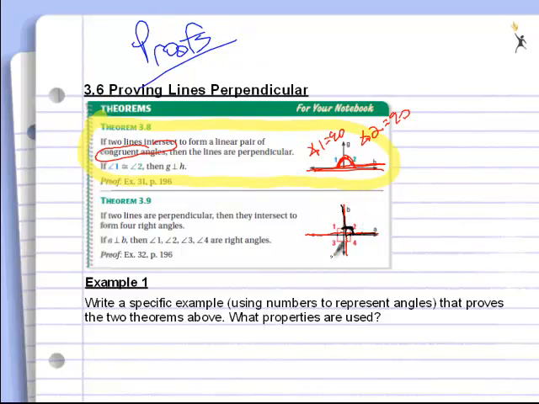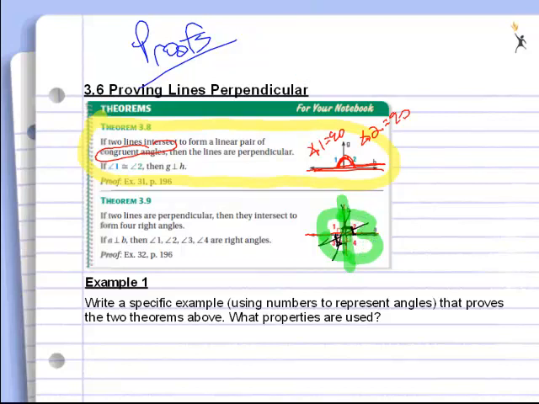But what you should also know is that because vertical angles are congruent, angle 3 is also 90 degrees. And because both of these form a straight line, angle 1 plus angle 3 must equal 180. Angle 2 plus angle 4 must equal 180. And if angle 3 is 90, then angle 1 has to be 90. If angle 2 is 90, then angle 4 has to be 90.